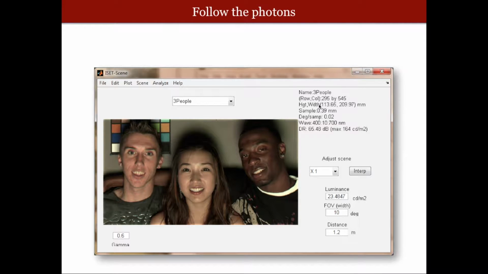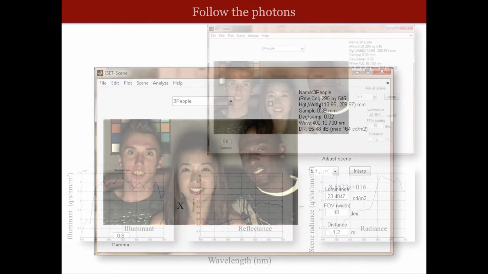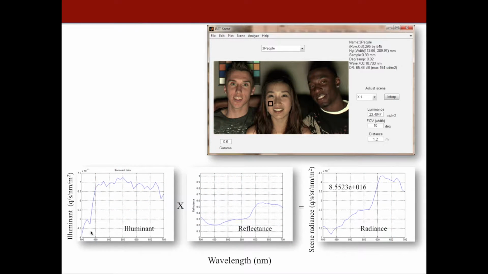And backing this picture in the data inside of the ISET simulation, we have for each pixel some description of the scene illuminant in Q for quanta, or photons, quanta per second per nanometer per square meter. Some fraction of those reflected towards the sensor, towards the camera, and that's the reflectance over here. And the radiance, therefore, headed from this scene towards the camera is represented again in photons per second per steradian per nanometer per square meter.